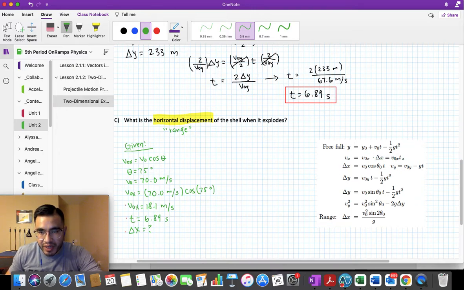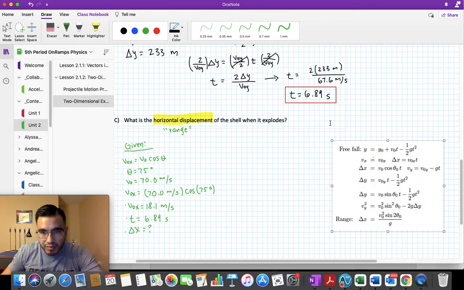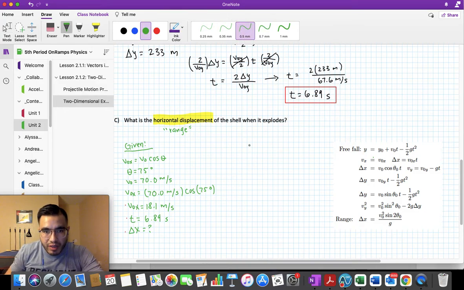Delta x, v naught x, and time. Simple. I don't even have to solve for anything because delta x, that is the range, equals v naught x multiplied by time.